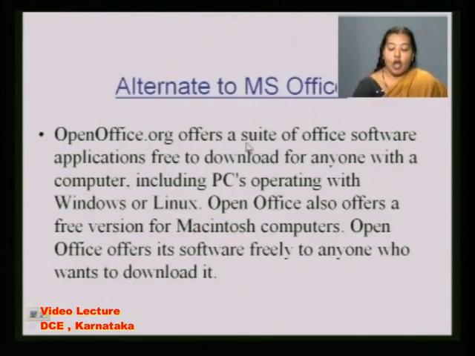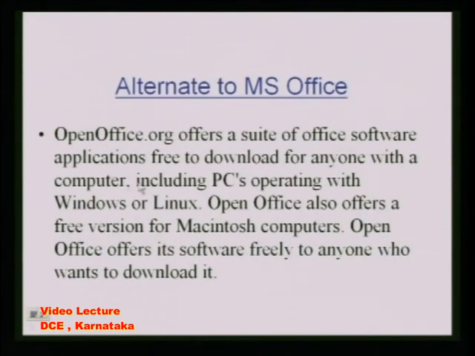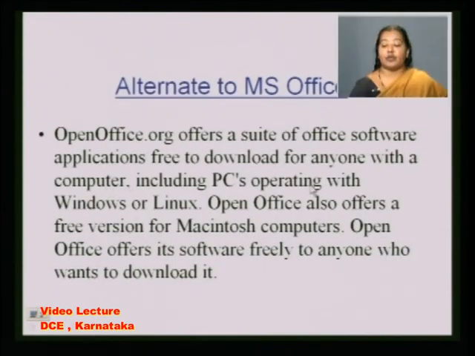Now this offers a suite of office software applications. It will help you to type like Word, like spreadsheet, like Access, like PowerPoint. So openoffice.org is the alternate to MS Office. It offers a suite of office software applications free to download for anyone with a computer, including PCs operating with Windows or Linux.